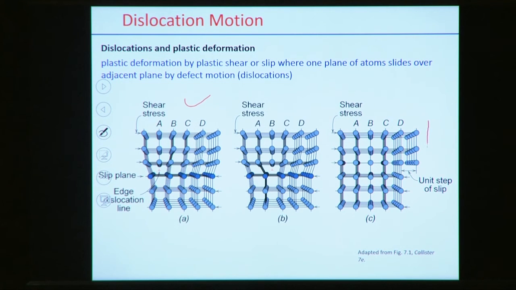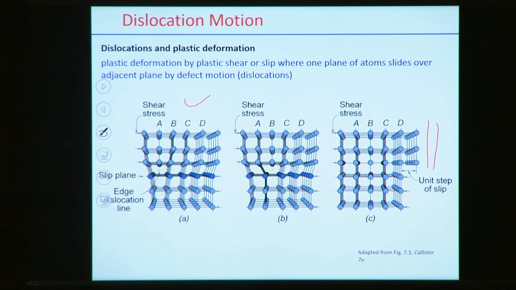So there is an extra plane of atoms that is brought to the right-hand side through application of the shear stress. So we can say that there is a movement of the dislocation from one point to another.